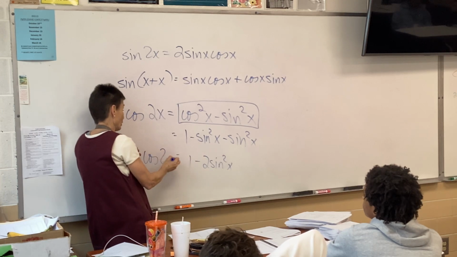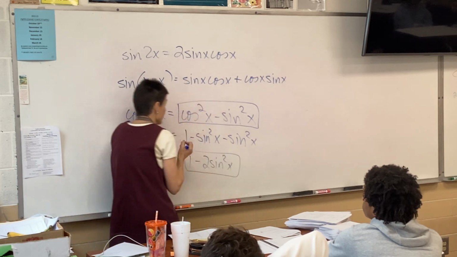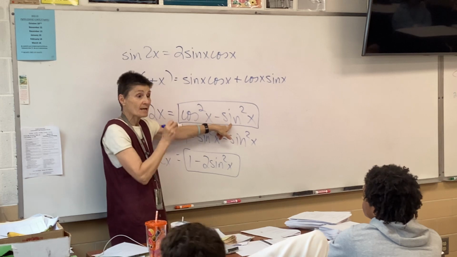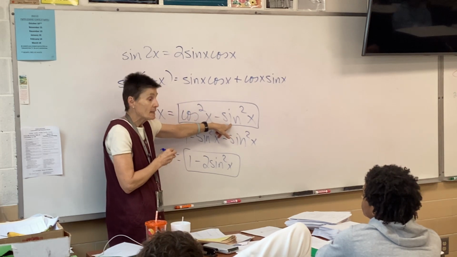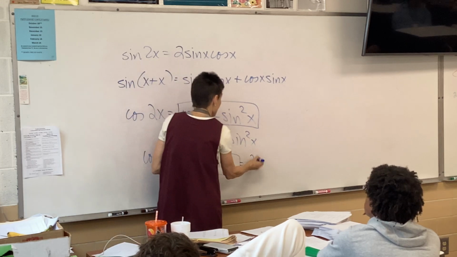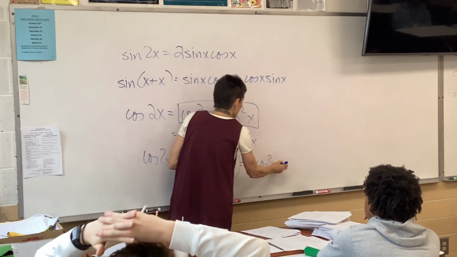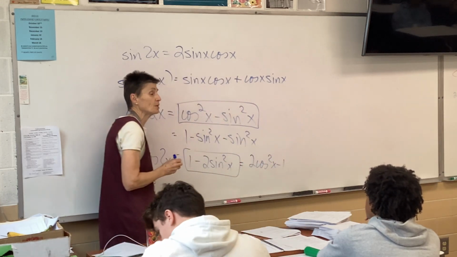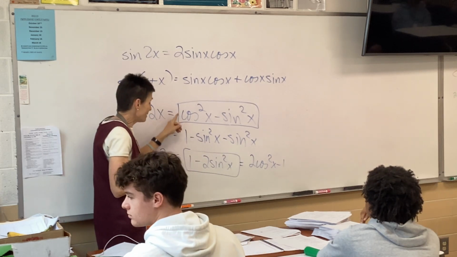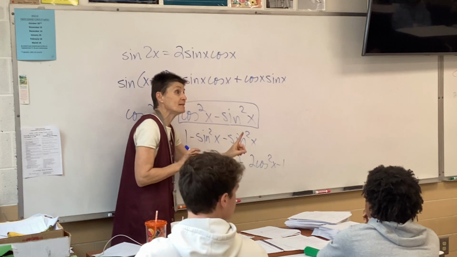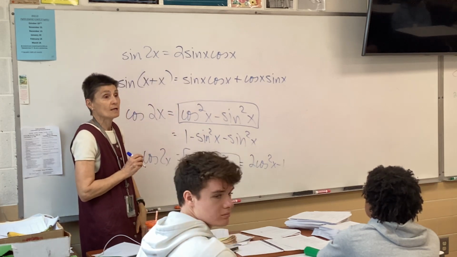And similarly, if I think of this as 1 minus cosine squared, it will become 2 cosine squared minus 1. So I just want to call that to your attention because depending on the problem, one of these may be way more convenient to use than the other.